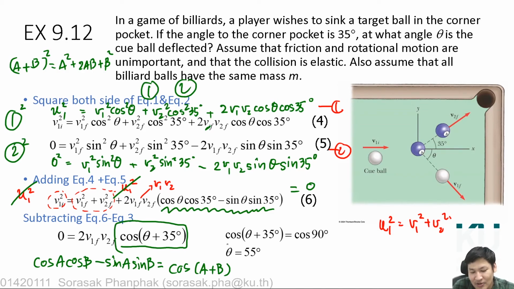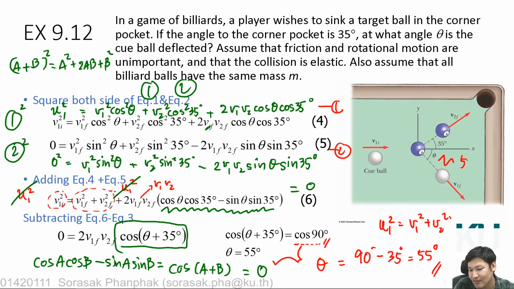So what makes cos of A plus B equal to zero? That is cos 90 degrees. That is how you can use this information to determine theta, since 90 minus 35 is equal to 55 degrees. So the final angle is 55 degrees.